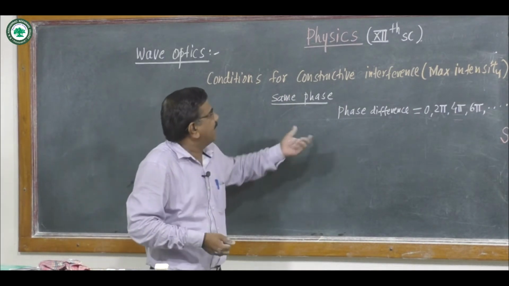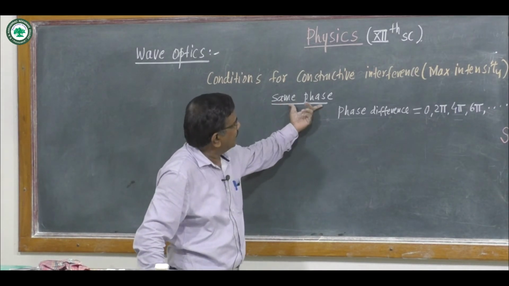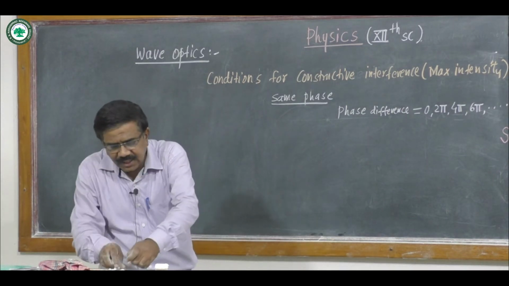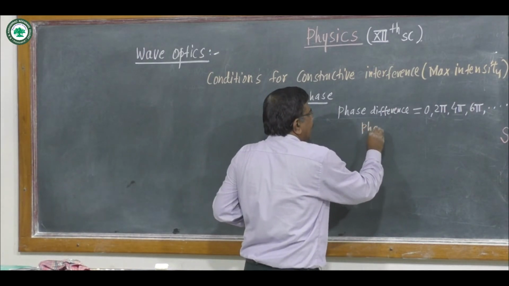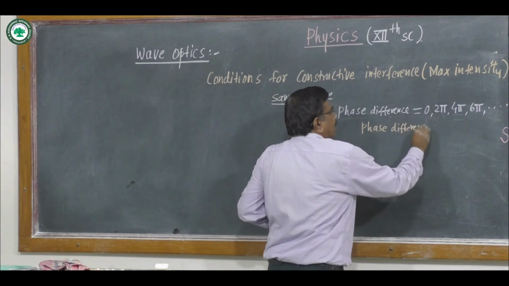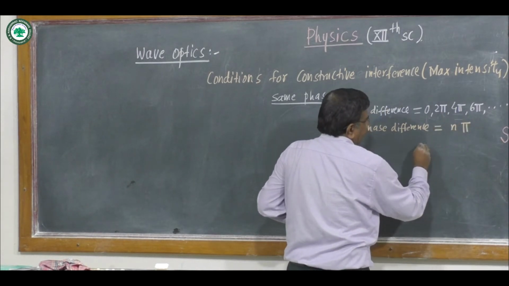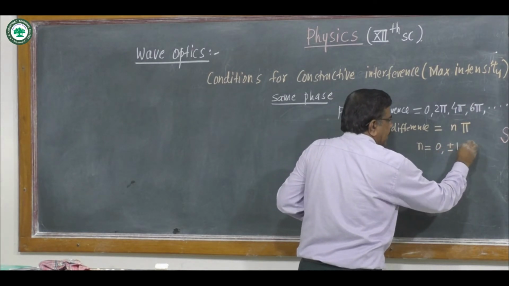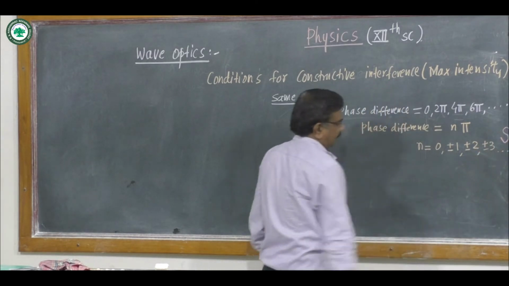If this condition is satisfied, then and only then the waves are in same phase, that is crest coincides with crest, trough coincides with trough, and so on. And we write this also as phase difference is equal to n into 2 pi, where n starts from 0, plus minus 1, plus minus 2, plus minus 3, and so on.